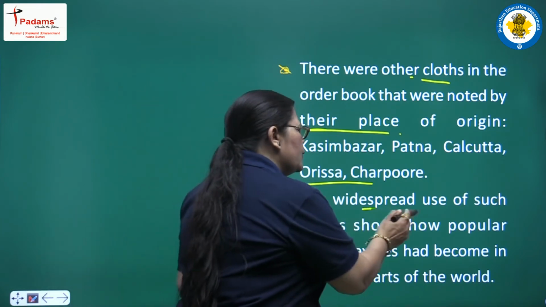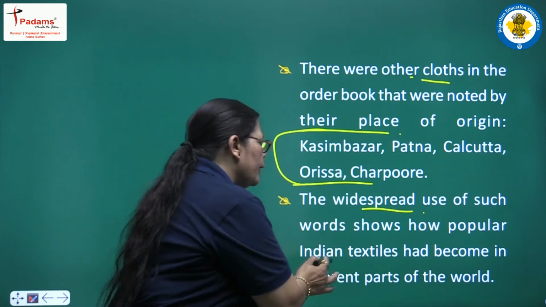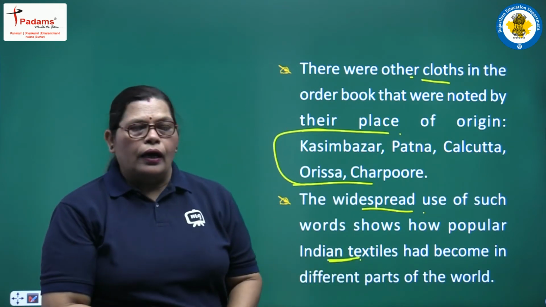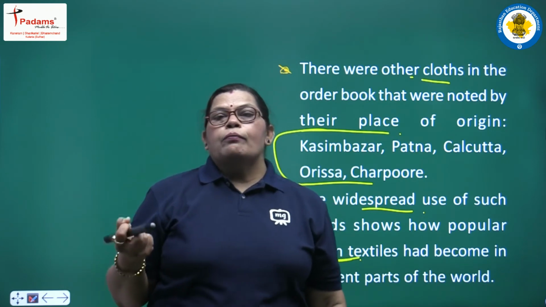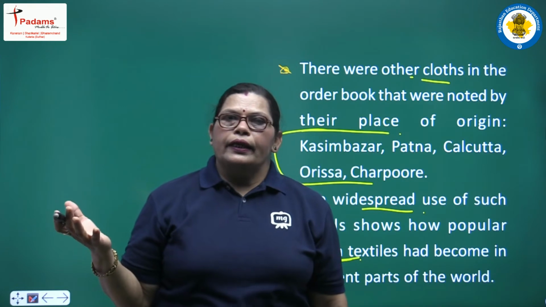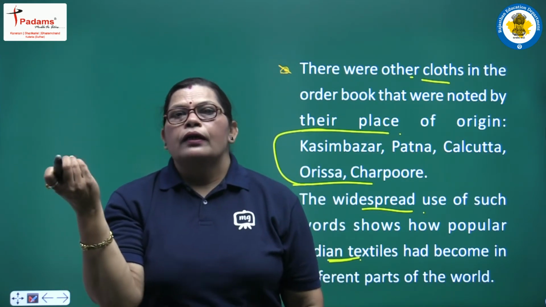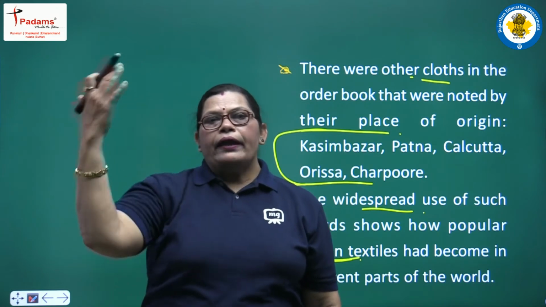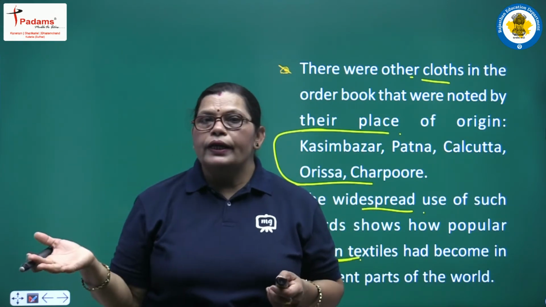The widespread use of such words shows how popular Indian textile had become in different parts of the world. Yes, at that time, the cotton textile of India had a great market in Europe. So cotton textile was at its peak, not only in India but all over the world, it was so popular.